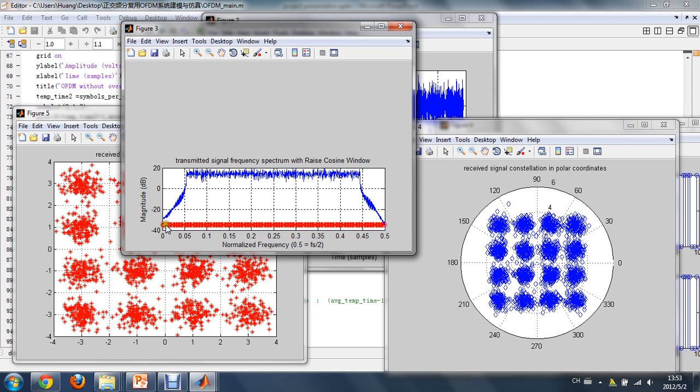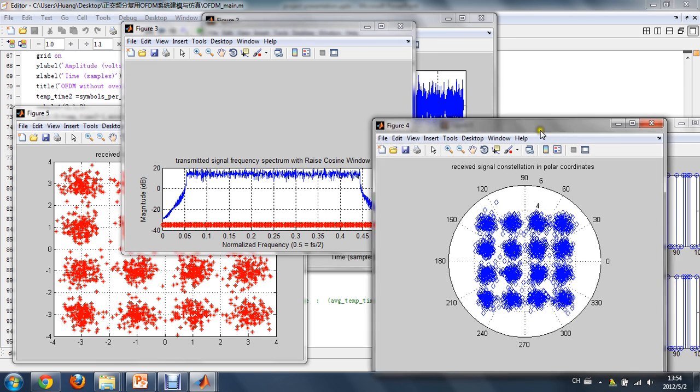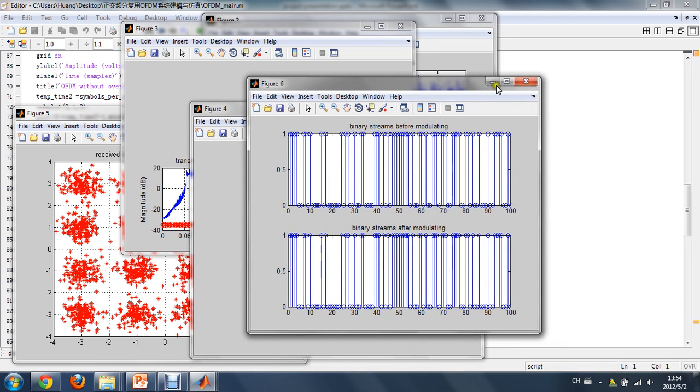We can see that the magnitude of the red spectrum is much lower than the blue line. And this is the binary stream before modulating, and this is the received signal. So you can see here there are almost no errors.